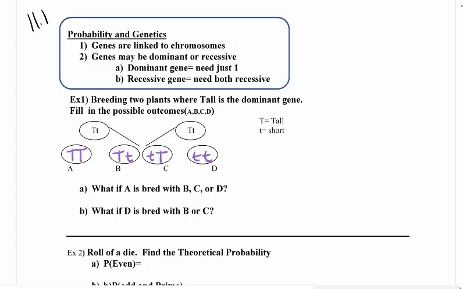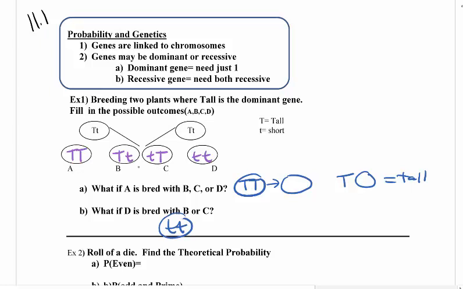So now based on this idea here, we're going to write down what are my answers. So what if A, which is TT, is bred with any of the other ones? It doesn't really matter because this first one will have to give a T, so it will have to be a tall plant. What if D, which is a short plant, is bred with B or C?